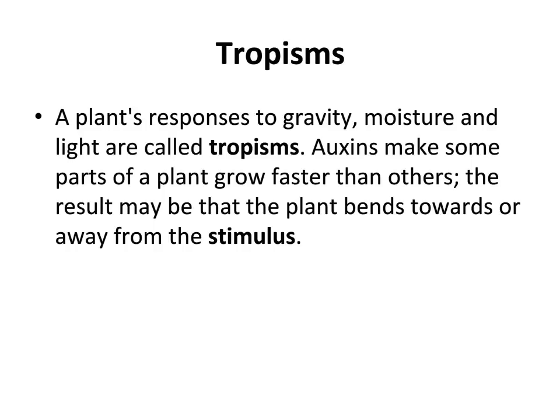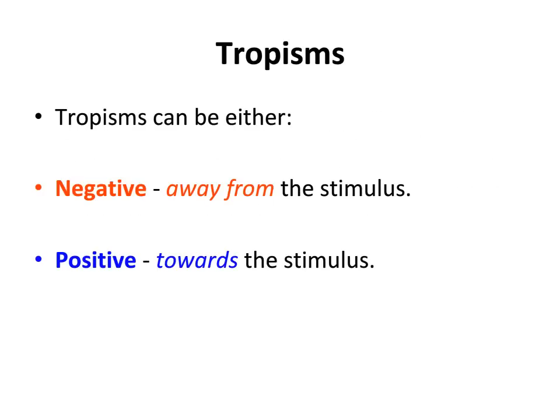If there is more auxin in one part of a plant than others, the result may be that the plant bends towards or away from the stimulus. Tropisms can be either negative, away from the stimulus, or positive, towards the stimulus.